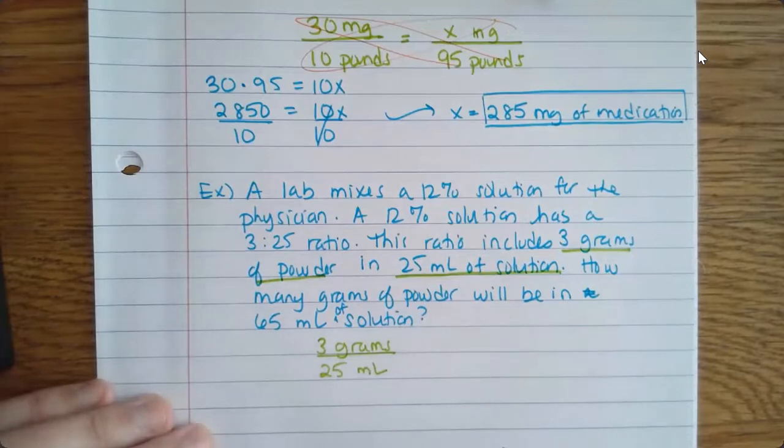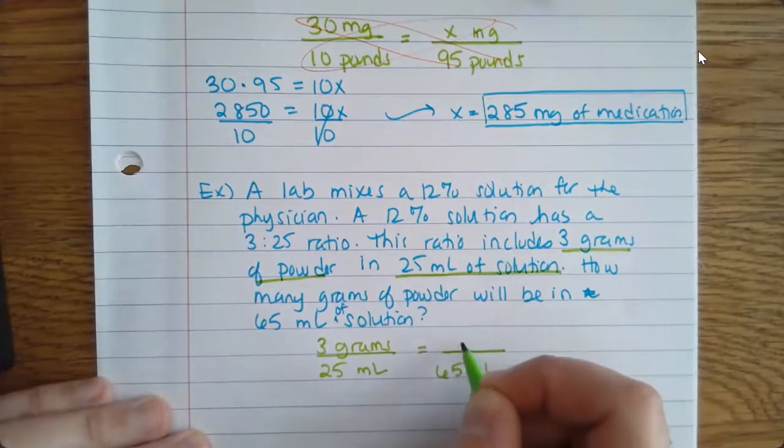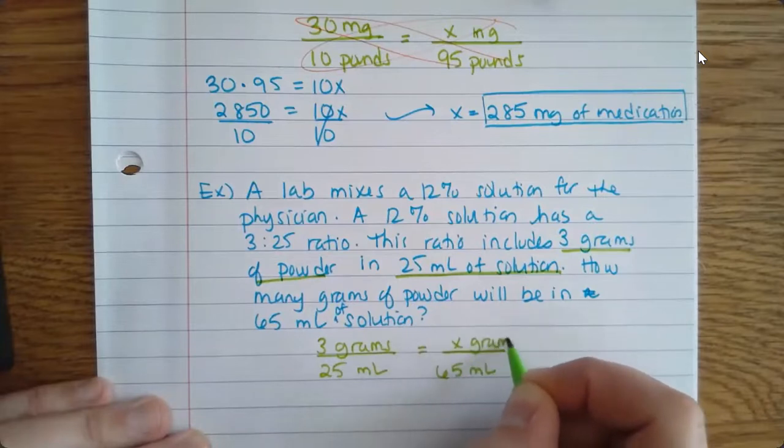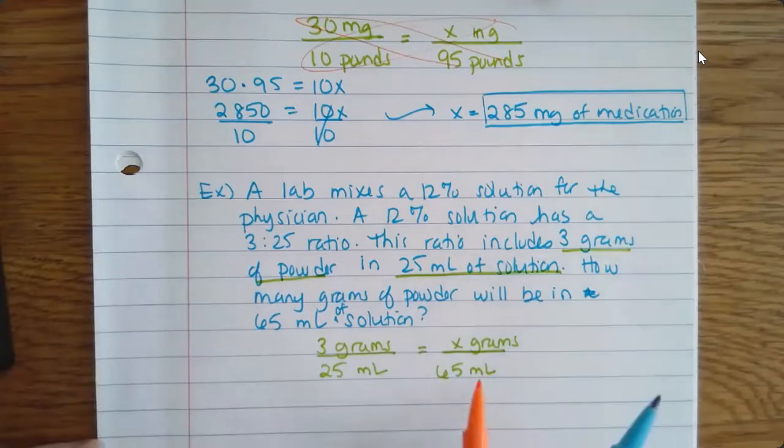And we want to know how many grams of powder will be in 65 milliliters. So if we have to mix it ourselves, for instance, how much should we add? So we know that we're doing 65 milliliters, and we need to know how many grams of powder should be in that. Again, we're going to cross multiply.